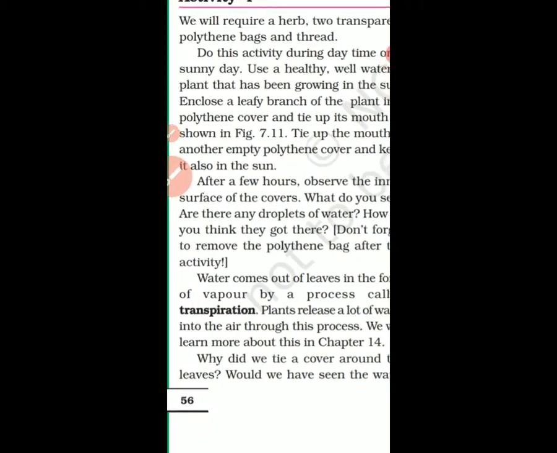Water comes out of the leaves in the form of vapor by a process called transpiration. The leaf undergoes the process of transpiration in the presence of sunlight.